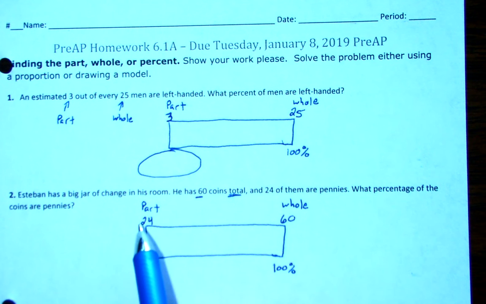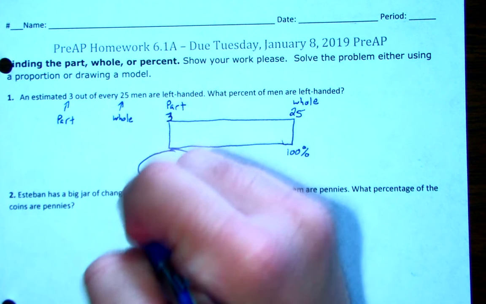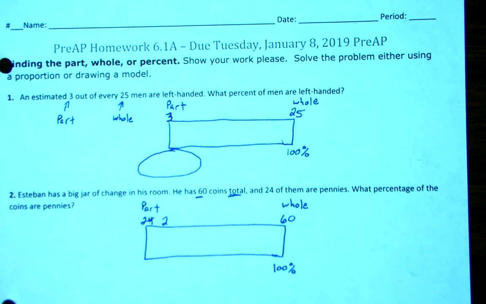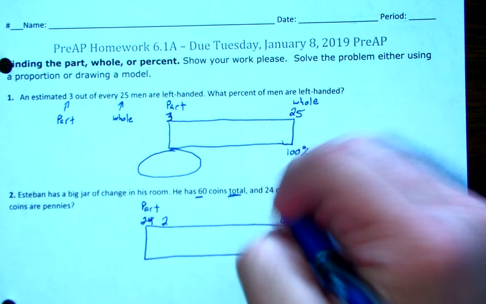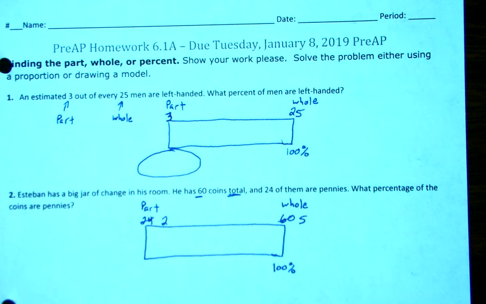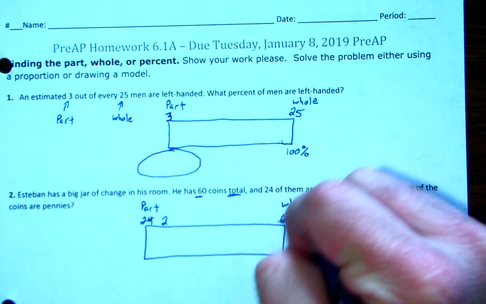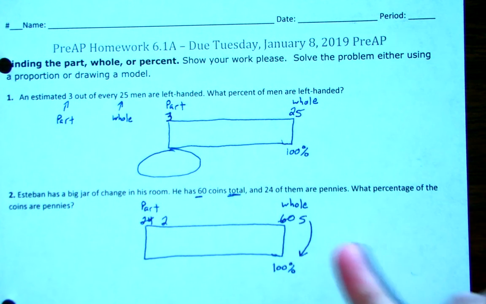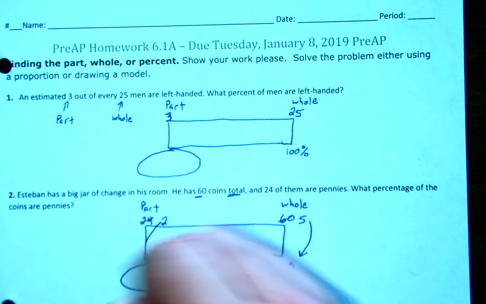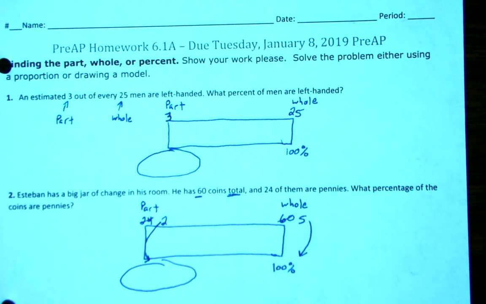So 24 divided by 12 is 2. 60 divided by 12 is 5. Well, look at that. Don't I have a good scale factor now to go from here to here? Whatever that scale factor is, you have to do it on this side as well, and then you will solve for that piece right there.